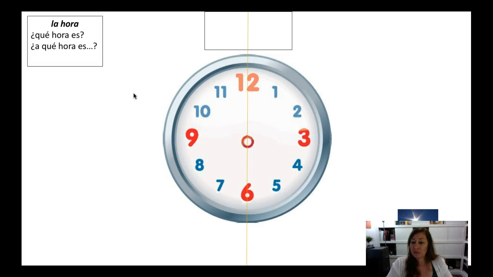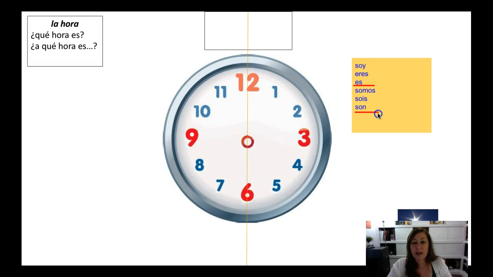So we start out by telling time, and we're going to use the verb ser. Now, if you think about the verb ser, you probably remember how to conjugate it. Soy, eres, es, somos, sois, son. But to use this for the verb ser, we're going to use just these two.